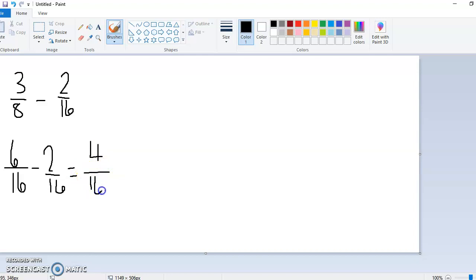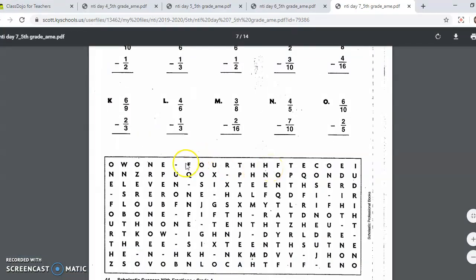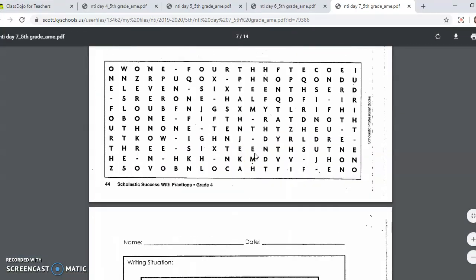Keep it. Then I know that I can divide 4 by 4. And that's 1. 16 divided by 4 is 4. So my answer there is 1/4. Look in here, find it, 1/4 there again.